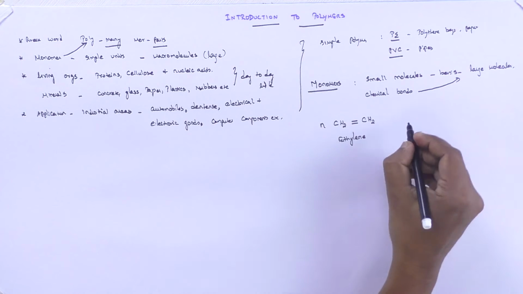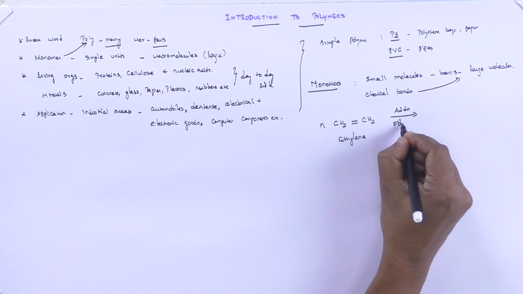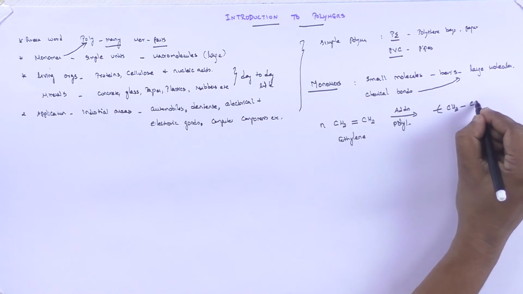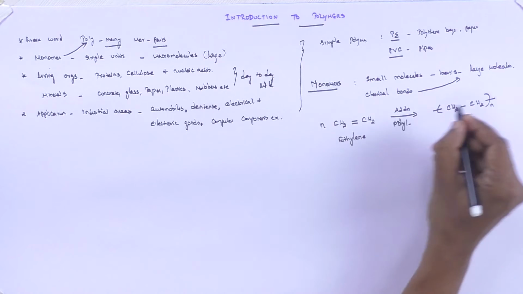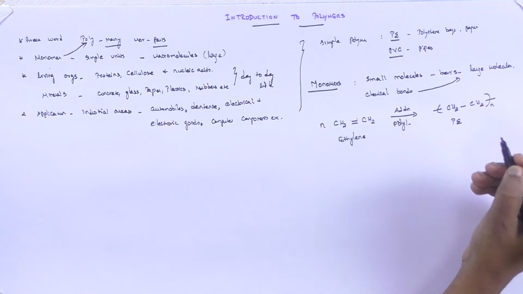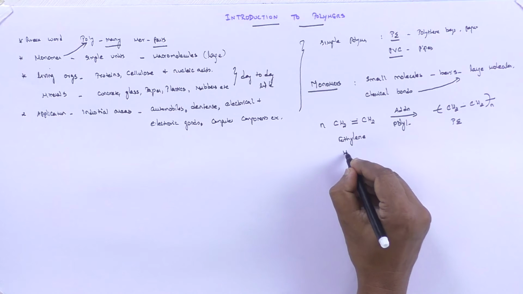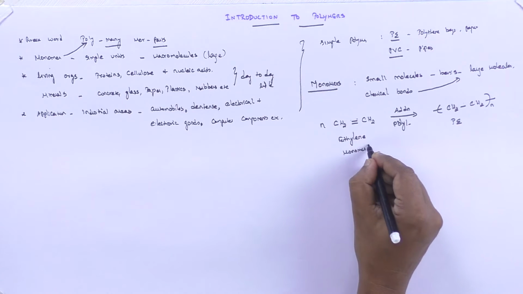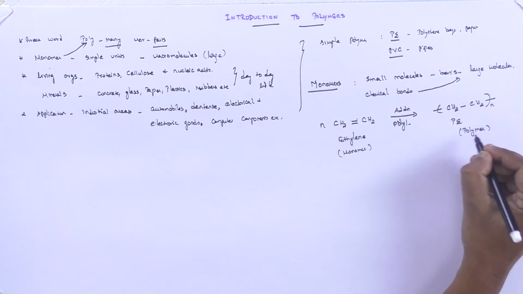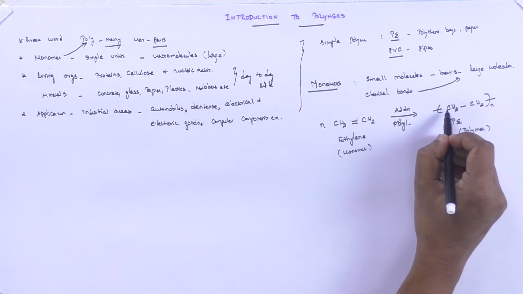So N molecules of ethylene, on addition polymerization, form polyethylene. You can see the double bond here is converted to a single bond in polyethylene. So this is the monomer, which is a small molecule, and this is the polymer, which is a larger molecule, formed via the transfer of electrons.